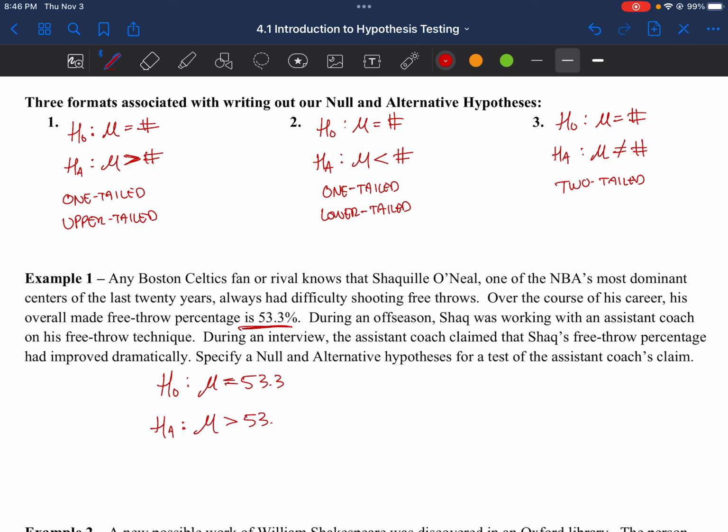The alternative hypothesis here is that no, you know what? His free throw percentage did actually increase, and the mean has changed. And this is a significant change.